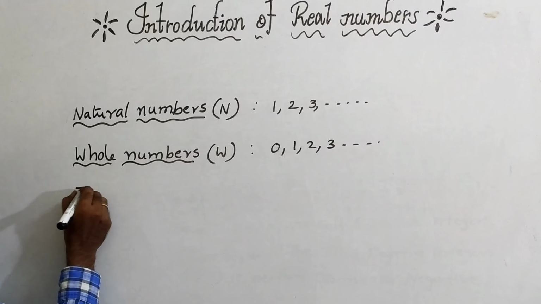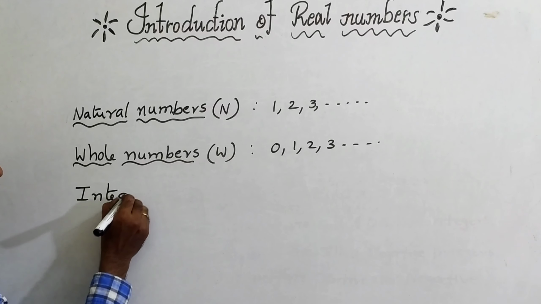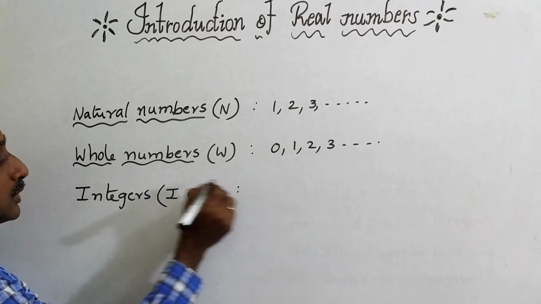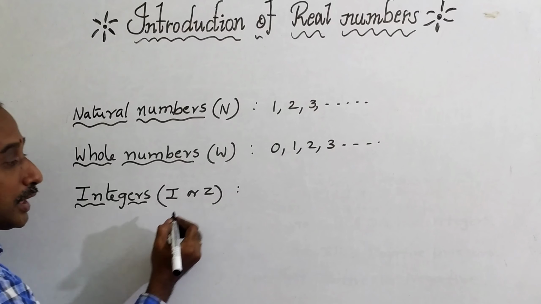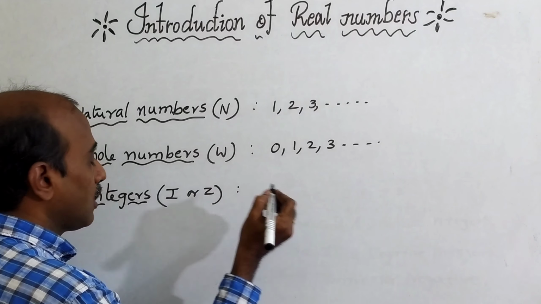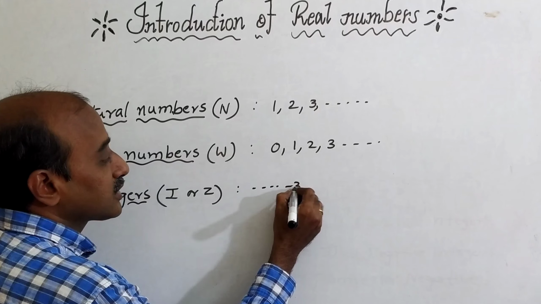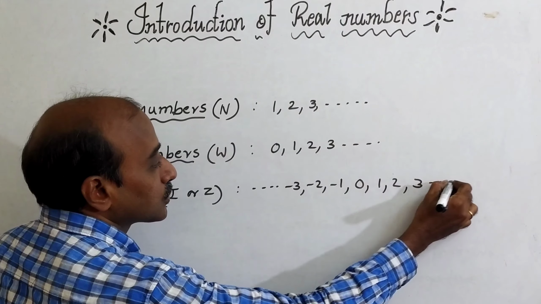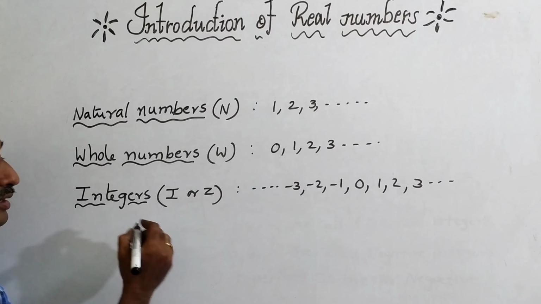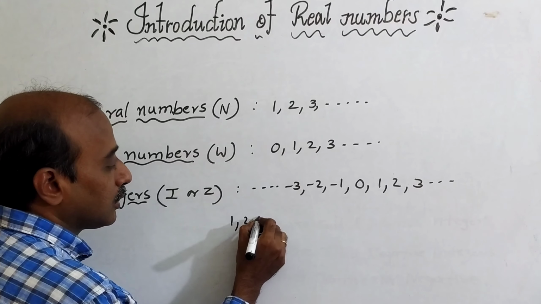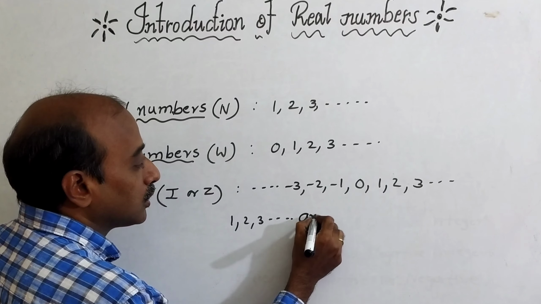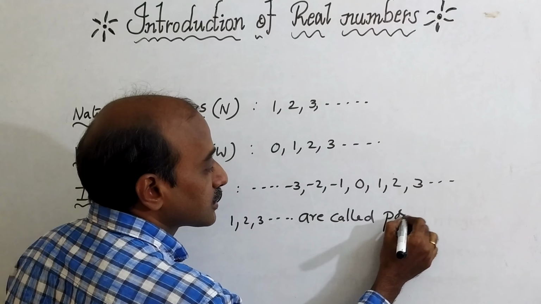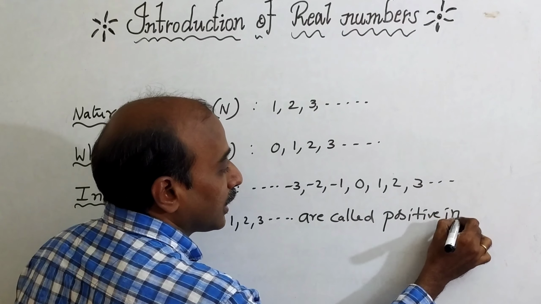Now, next one, integers. Integers are represented by I or Z. The collection of negative numbers, 0 and positive numbers are called integers: -3, -2, -1, 0, 1, 2, 3, so on up to infinity. So in this, 1, 2, 3, so on are called positive integers.